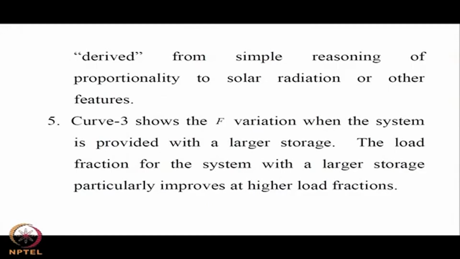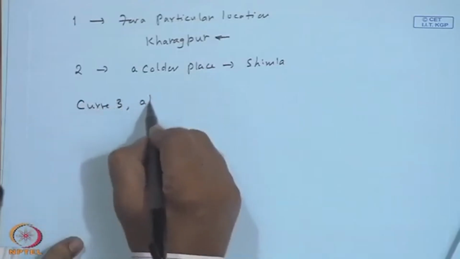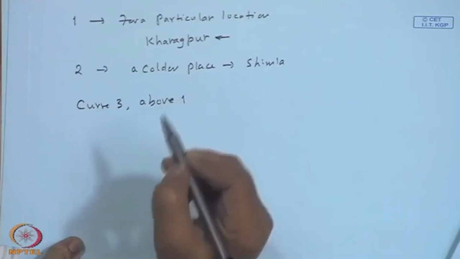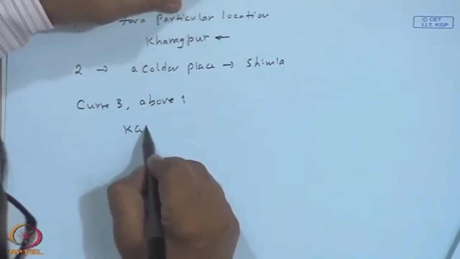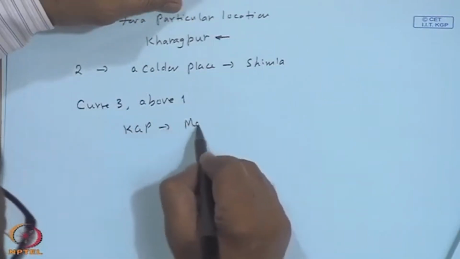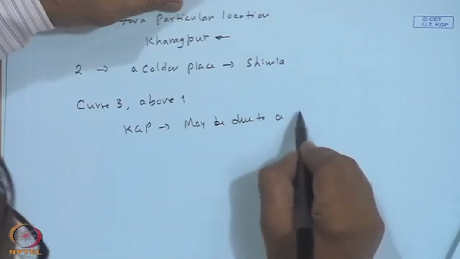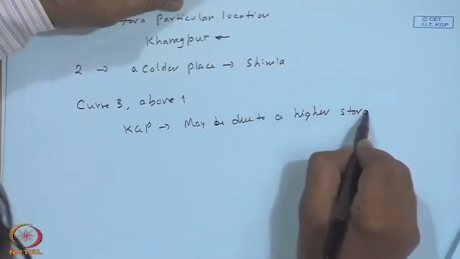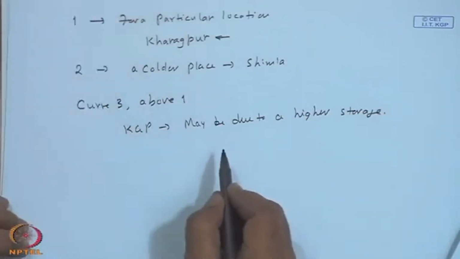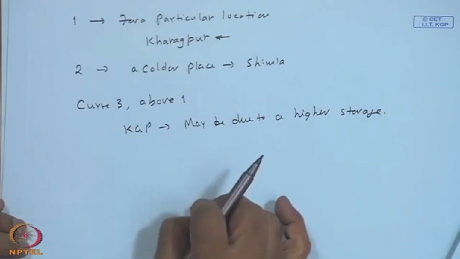Curve 3 is above 1, even at the same place like, say, KGP, Kharagpur, maybe due to higher storage. Okay, which means that dumping does not occur or dumping will be lesser.